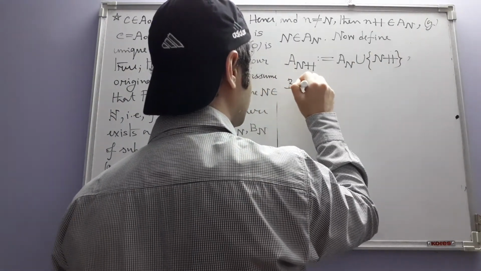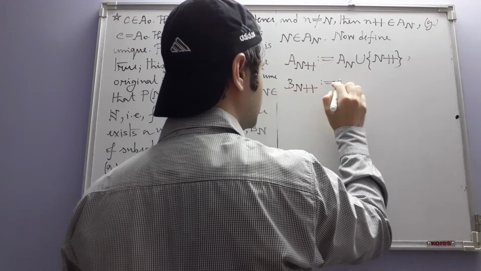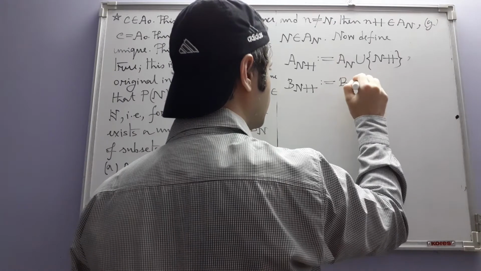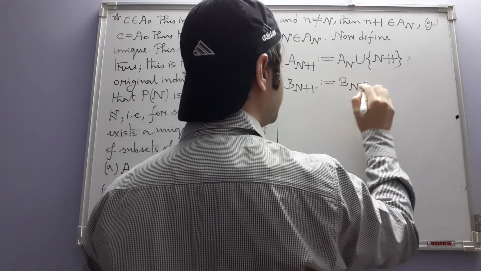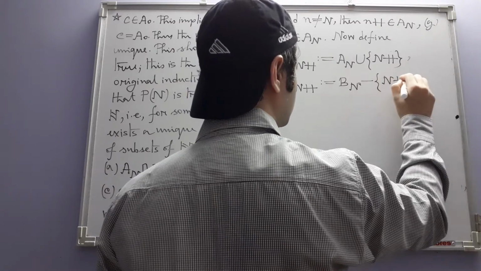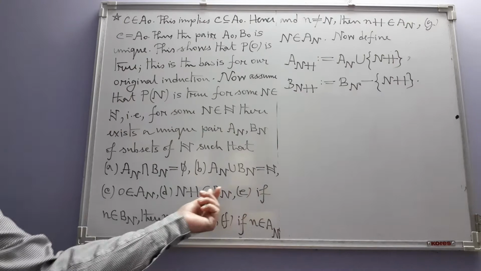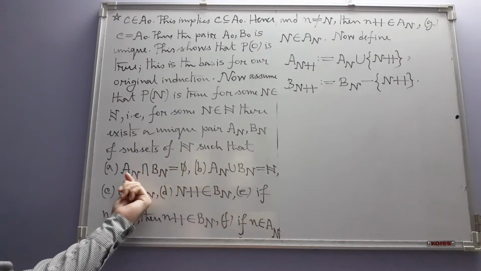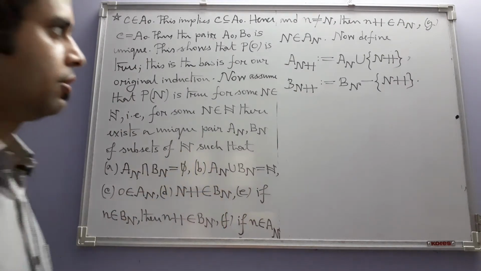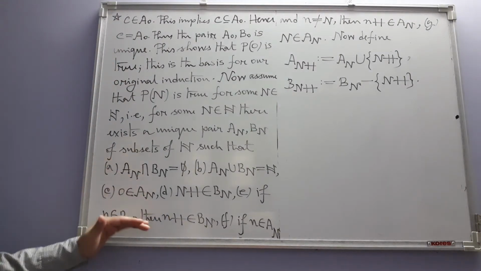and like that Bn plus plus is obtained from Bn by removing this. So that means we are getting the new sets by just shifting this element from Bn to An. That's all. Okay, now for this new set, what about the conditions?